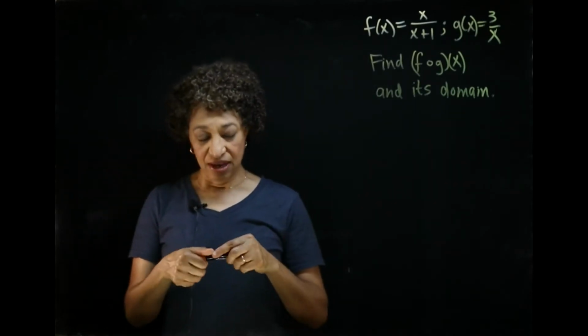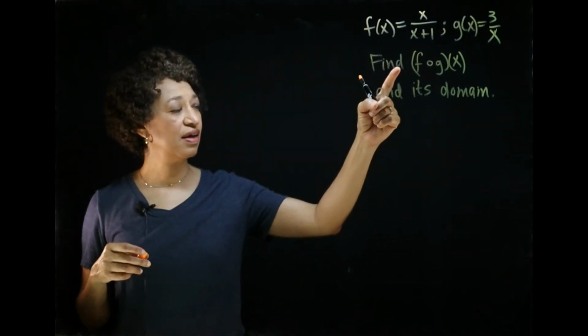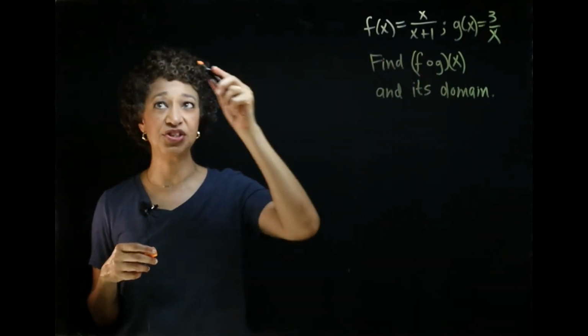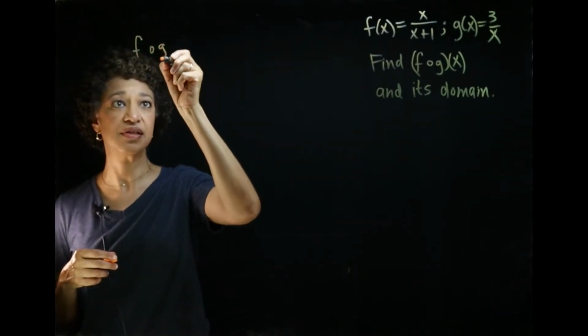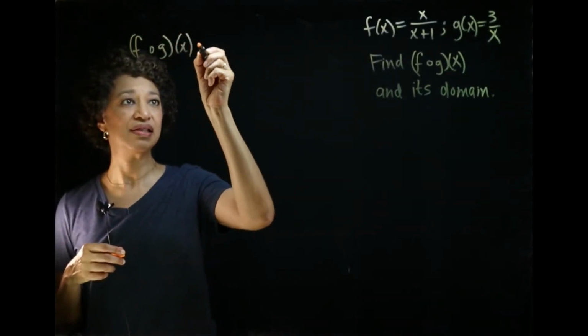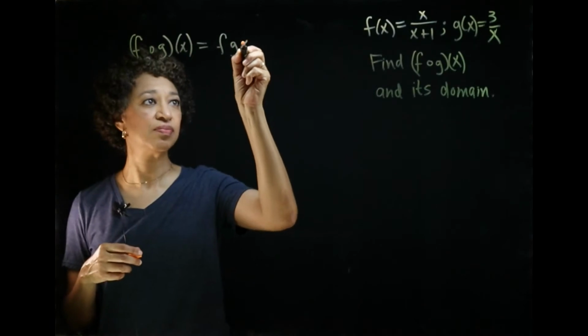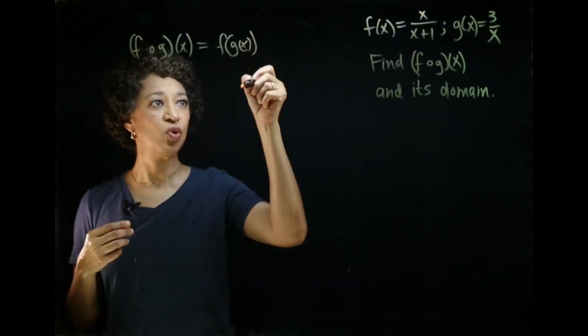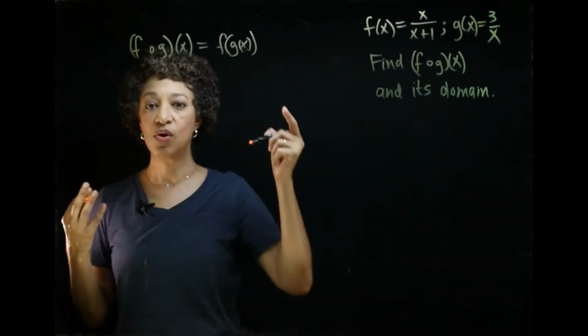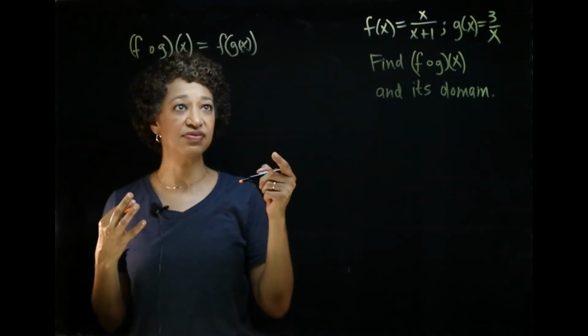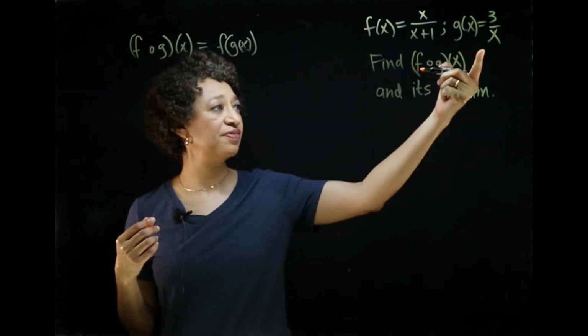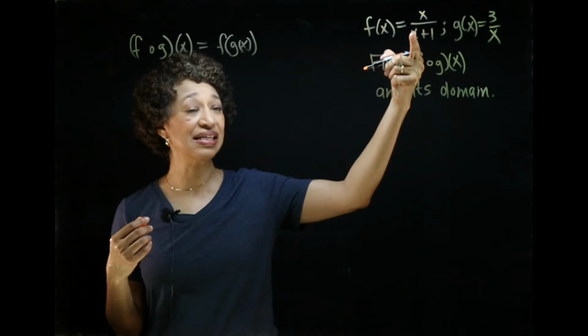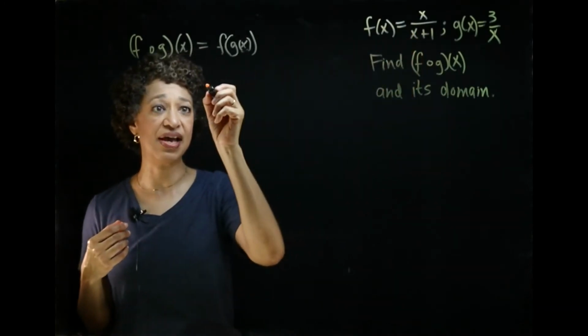Okay, we want to find today f of g of x, the composition f of g of x. I'm going to write the notation like this to make it more plain what we mean when we say f of g of x. We're going to take the function named g of x and insert it in place of x in the function named f of x.